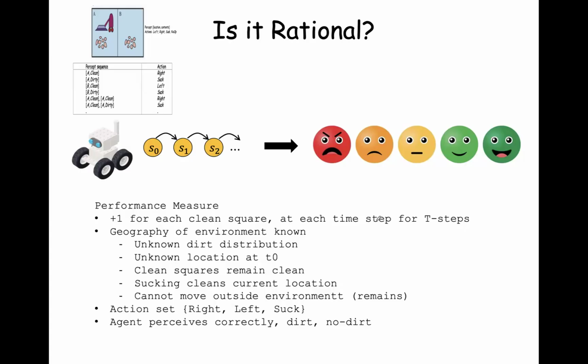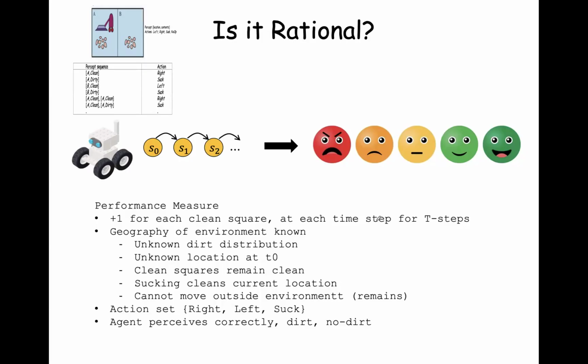You have to know that the vacuum sucking action is actually going to clean the location. You could engage a mechanism in some real examples and it fails to clean effectively. And then you have an action set, in this case, a simplified one, right, left, and suck, and we'll add no op as an action. And then the agent has to have sensors that correctly measure the percept sequence from the environment. So it's going to correctly measure dirt or no dirt.